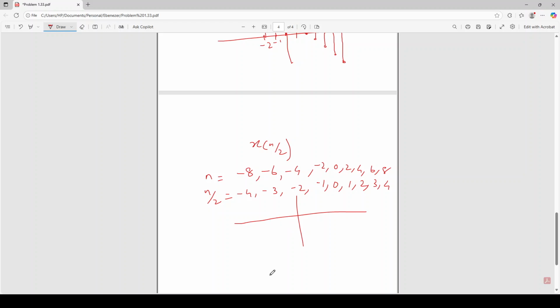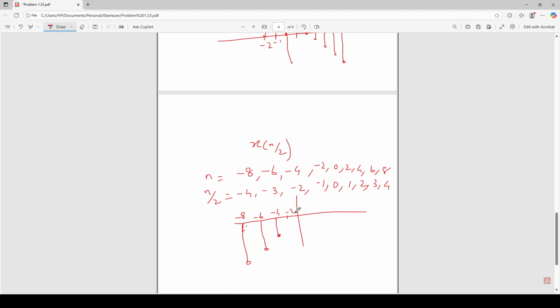So for -8, the value will be -4. For -6, it will be -3. For -4, it will be -2.